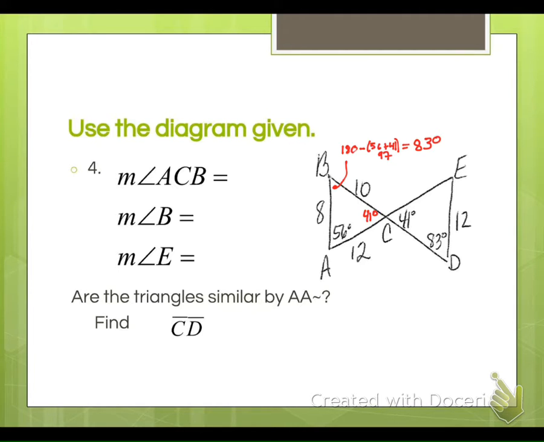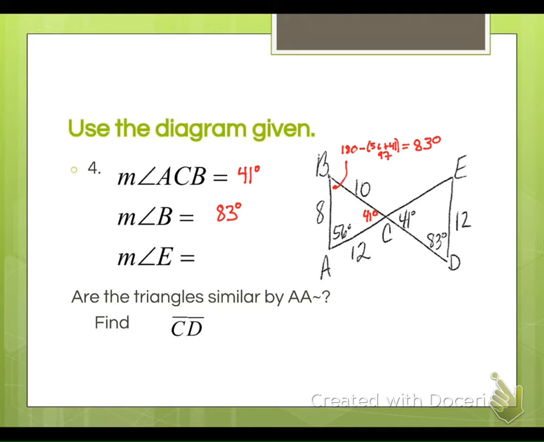Okay. What do we see? So we see here we have an 83 degrees. Oh, that's a lie. Erase it. That's that middle angle that we did the vertical angles with. So that's 41. Angle B is the one we just solved for. You guys just told me that is 83. So right now we know two angles are congruent, which means that these are similar triangles.